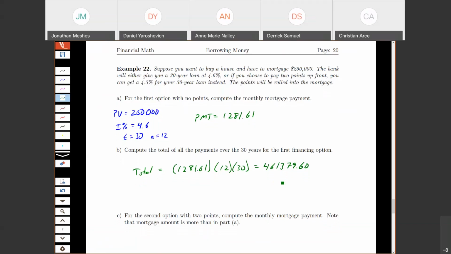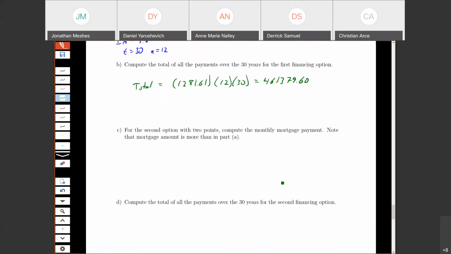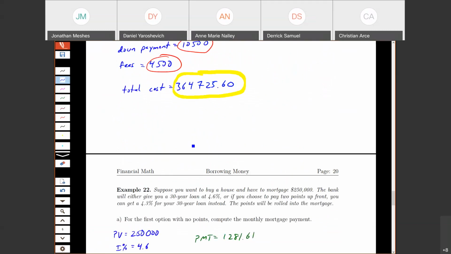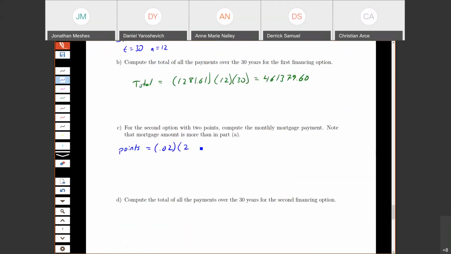Now let's look at the second option with 2 points. So let's first compute the points. It's 2 points, so that's 2% of the amount of money that we're borrowing. So if I'm borrowing the $250,000, I'm paying 2% of $250,000.